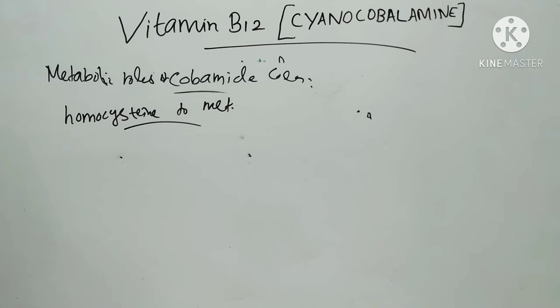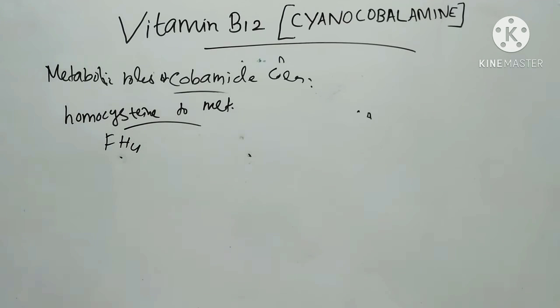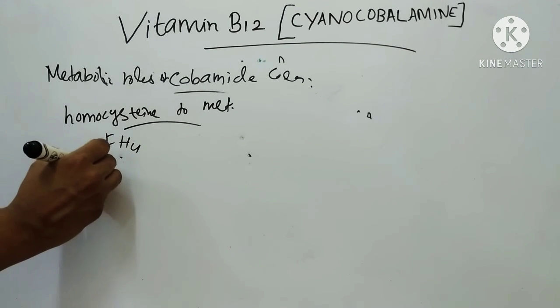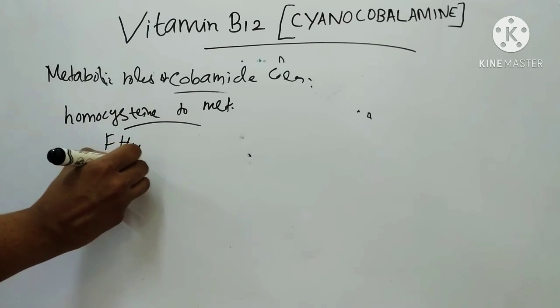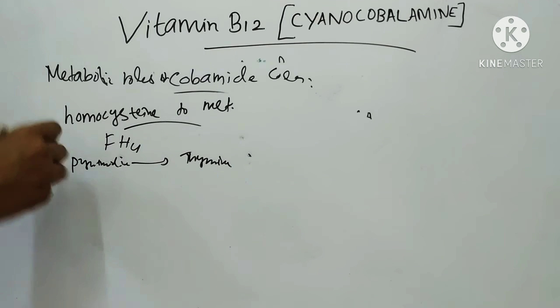This requires FH4, tetrahydrofolate, as a methyl carrier for the methylation of homocysteine to methionine. Next reaction is methylation of the pyrimidine ring to form thymine.